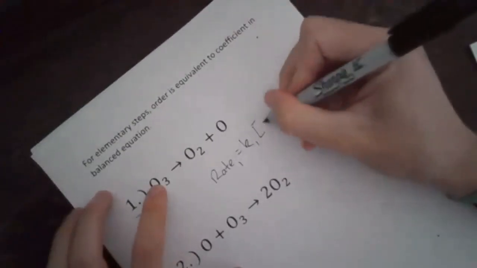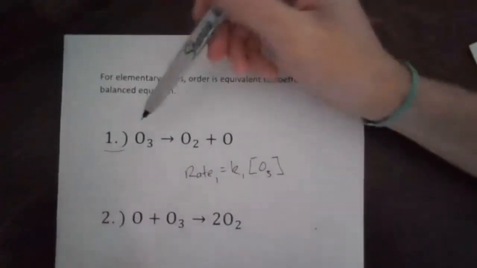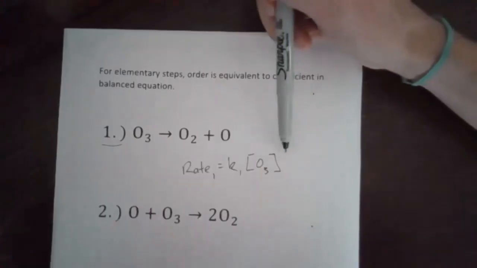We only have O3 as a reactant, and whatever the coefficient is on O3, that's going to be the order. In this case, O3 is going to be first order because there's only one of them in the reaction equation. The coefficient is 1 there, so the exponent on O3 is also going to be 1.